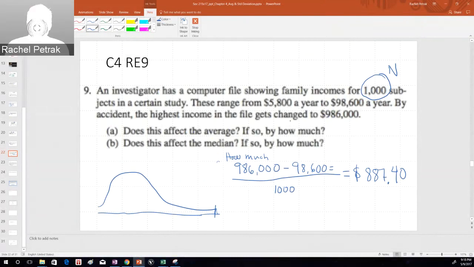Does this change affect the median? No, it doesn't, because the median is not thrown off by outliers.